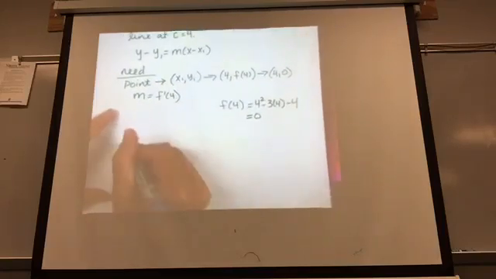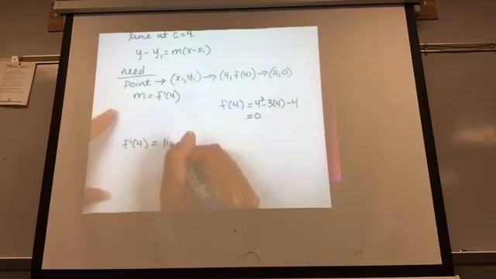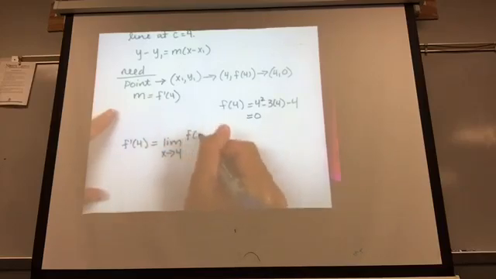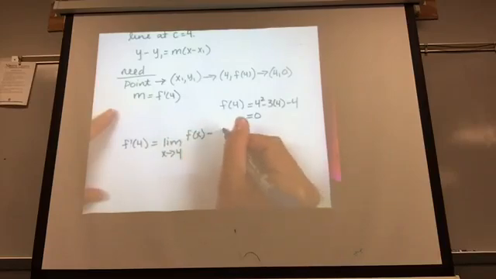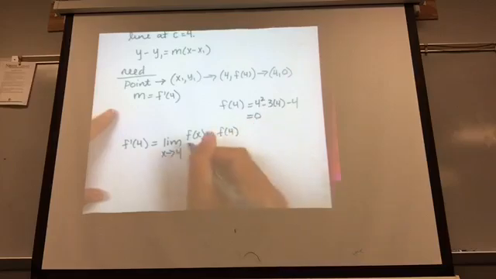So I know f prime of 4 is equal to the limit as x approaches 4 of f of x minus f of 4 over x minus 4.